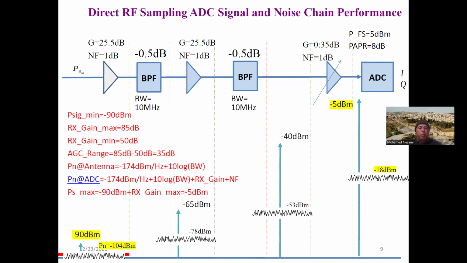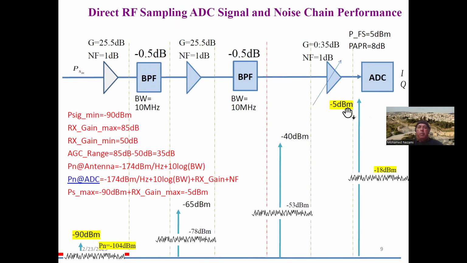First thing we do is minus 104 will come in here and gain by 25.5 and will increase by that much, or by the overall noise figure of this. And so we can see the progression of how the signal comes in, where we get at the ADC, the minus 90 dBm will be minus 5 dBm. Okay?